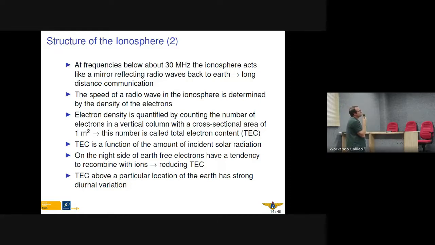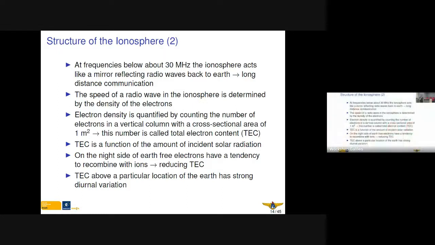The speed of a radio wave in the ionosphere is determined by the density of the electrons. This applies if you choose a frequency higher than 30 megahertz to exit Earth, and also from the outside when you want to pass through the ionosphere. The electron density is quantified by counting the number of electrons in a vertical column with a cross-sectional area of 1 square meter.